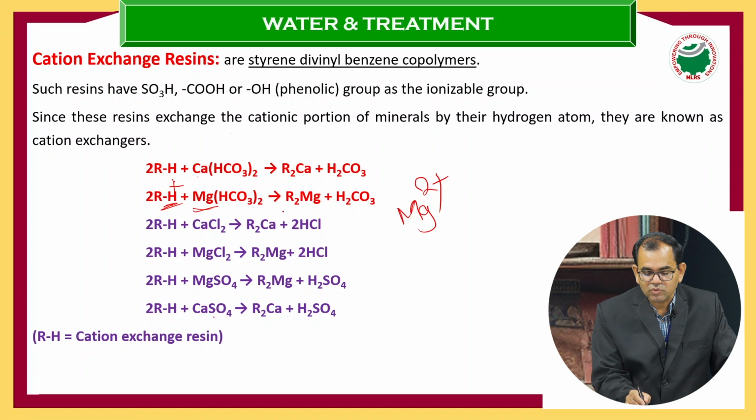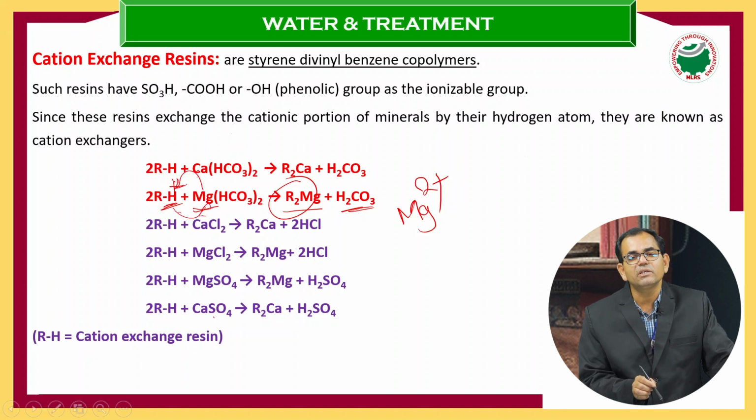So R2Mg, that's the resin which is conjugated with magnesium, and there is a byproduct H2CO3. Again here the exchange has taken place between the Mg2 plus cation and the H plus proton, which is a cation. So cation to cation exchange. Simply, that's why we are calling it a cation exchange resin.